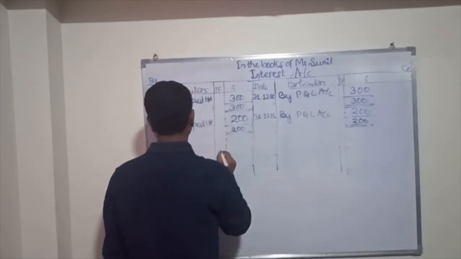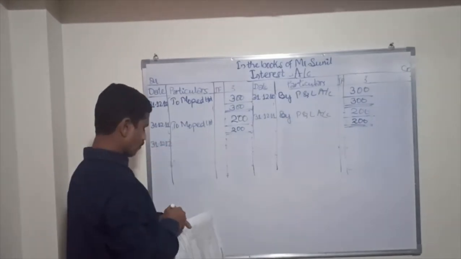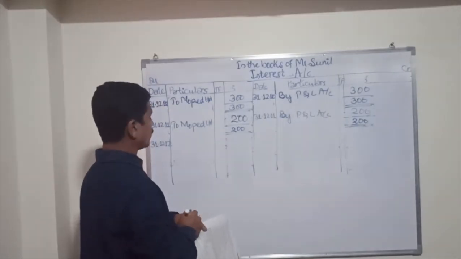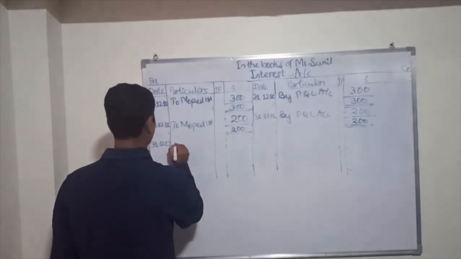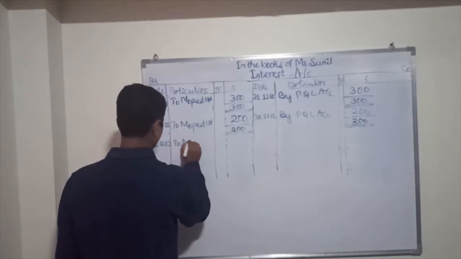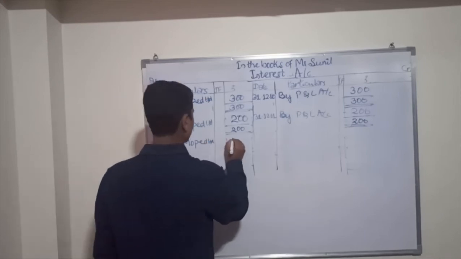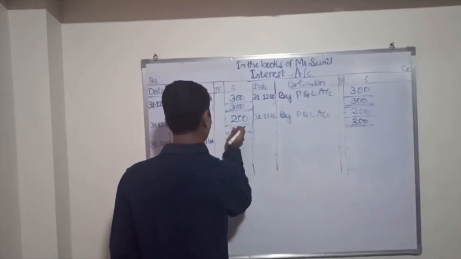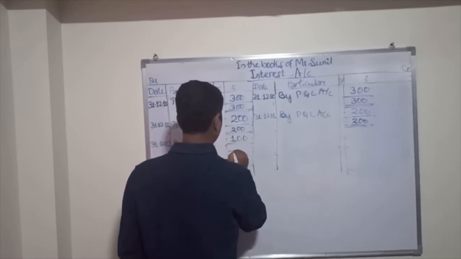Then in the last year, on 31st 12 2012, when interest is due for payment, the entry will be interest account debit to Moped Limited, 100 rupees. In the last year we have calculated in the hire purchase, 100 here.